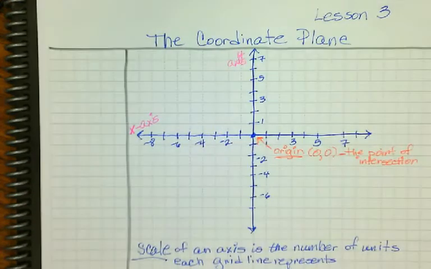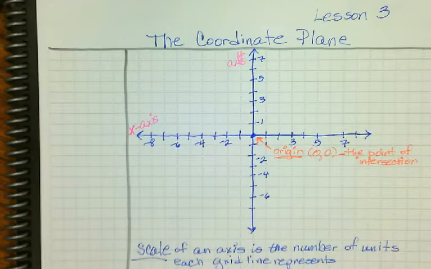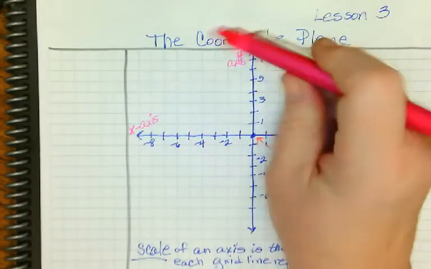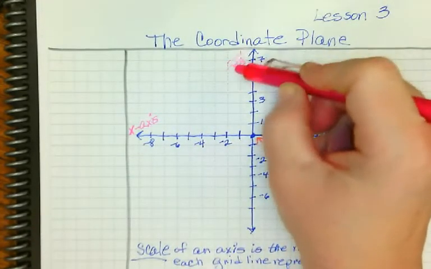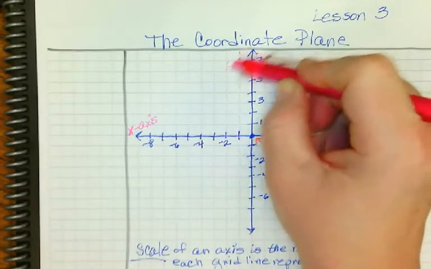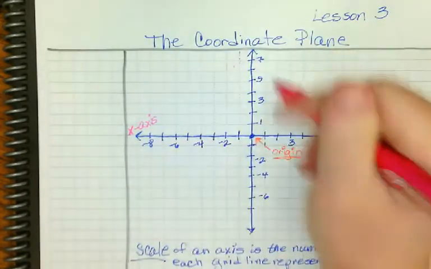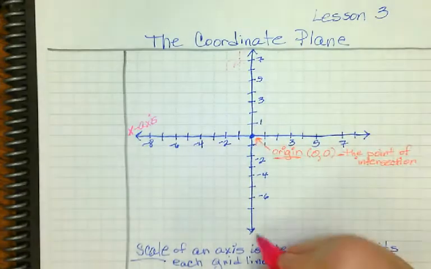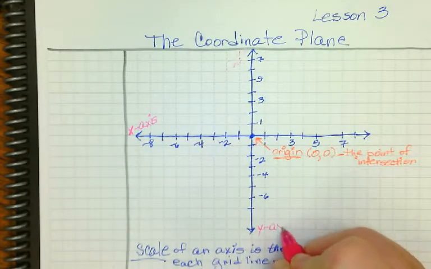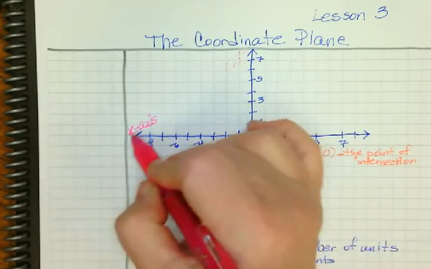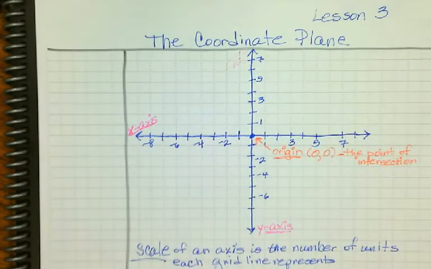Because I said so. It just is. Okay? So x-axis, I'm going to erase that and rewrite it so it's a little clearer. Yes, I can use water or I can use my eraser. Okay? I'm going to put it down here. Y-axis. So the x-axis and the y-axis.